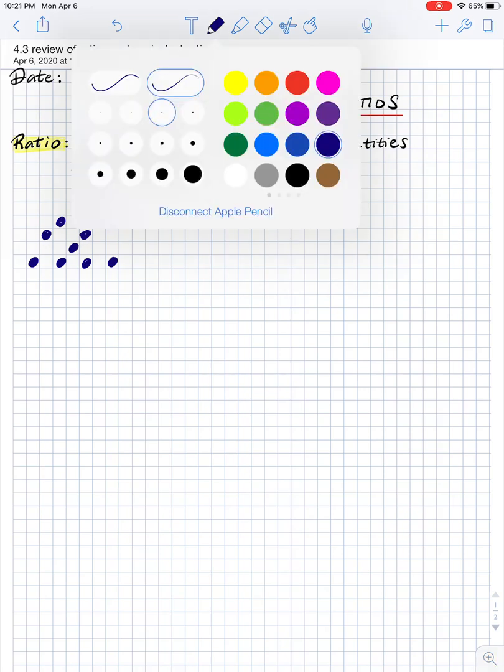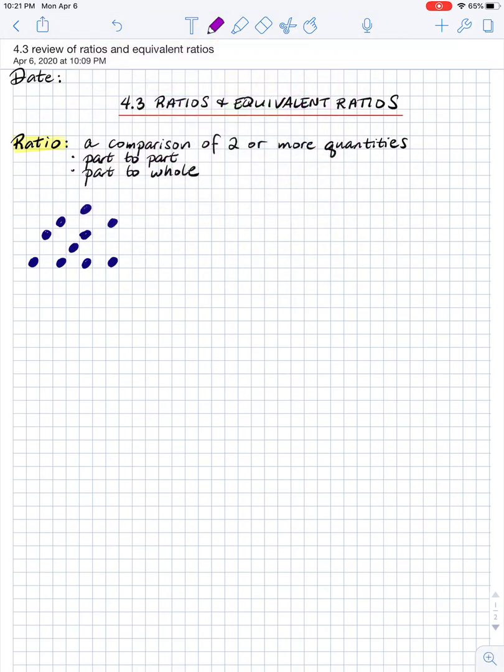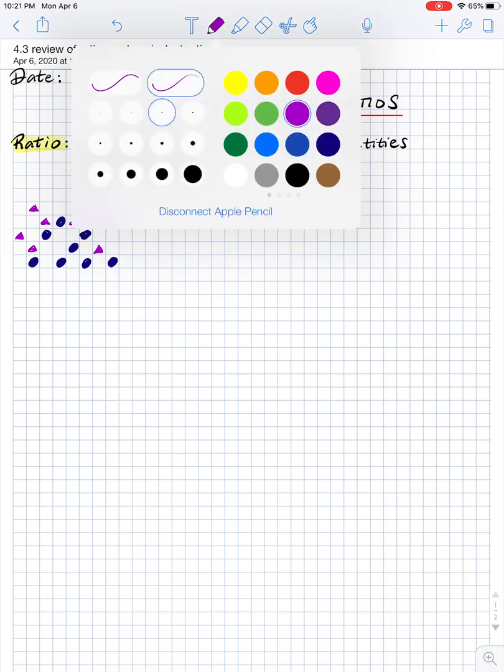And then I'm going to use, let's do purple here. I'm going to do purple triangles. Try not to make this too difficult on myself here. And this is the best way to illustrate your understanding of ratios.